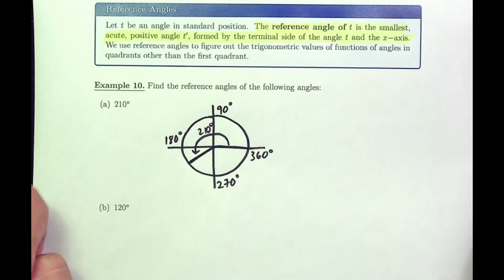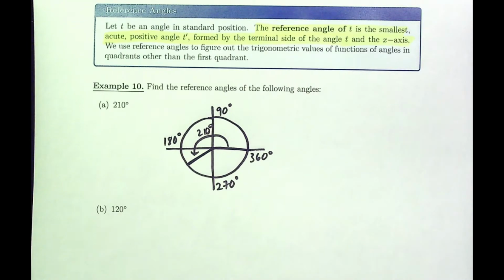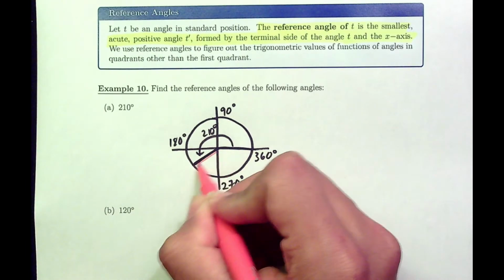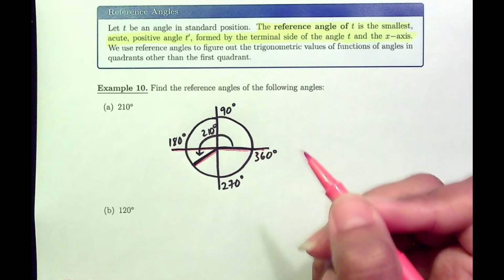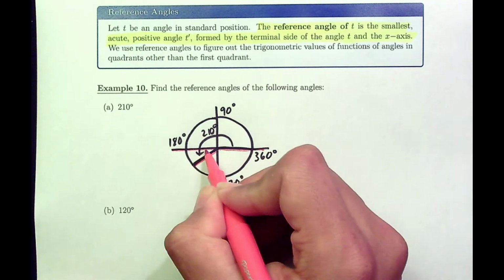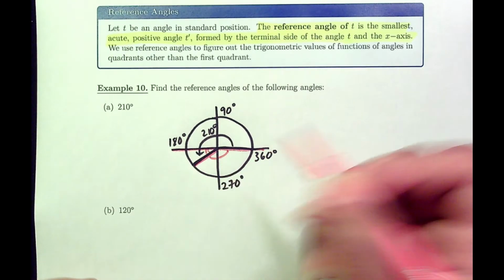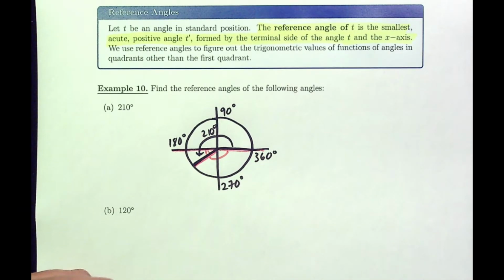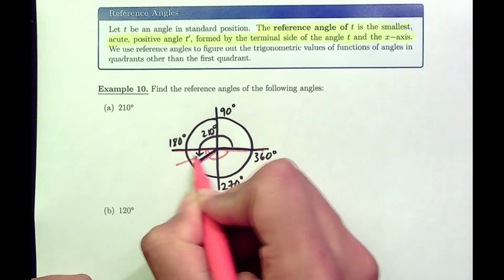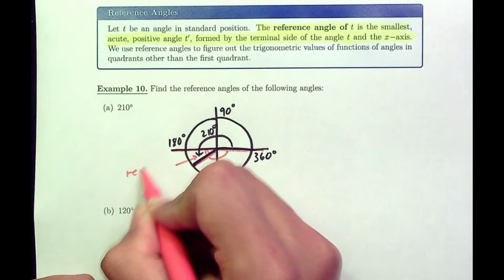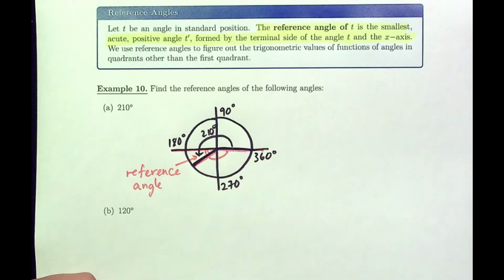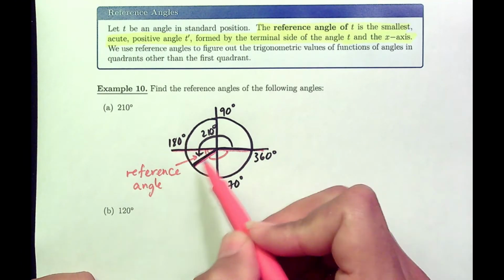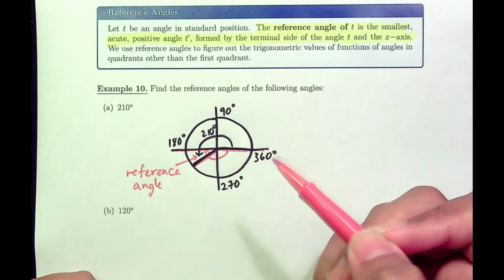Now we're going to consider the terminal side of this angle, which is this, and the x-axis. Note that there are two angles formed. There's this one right here, and there's that one. The smallest of the two is the reference angle. So this one, which is the smallest of the two, obviously, is going to be the reference angle. So what is the measure of that little piece over there?